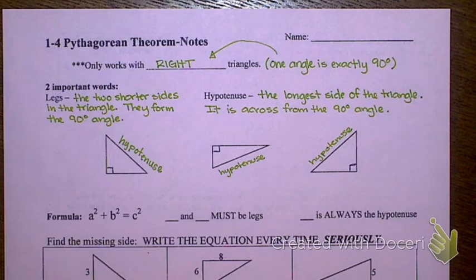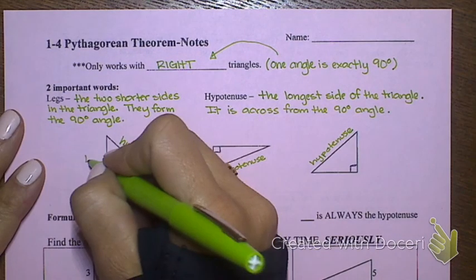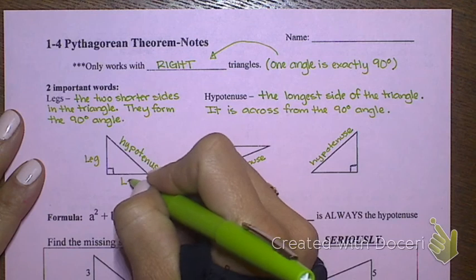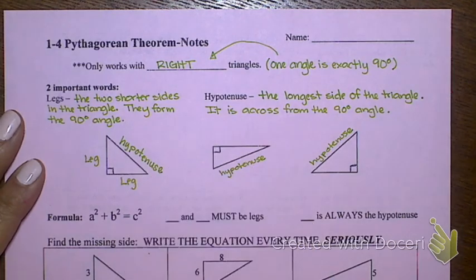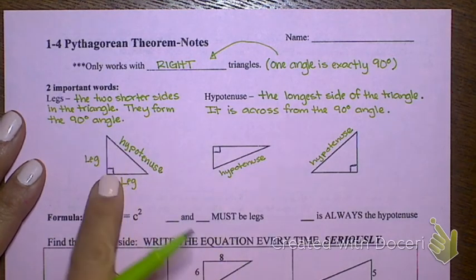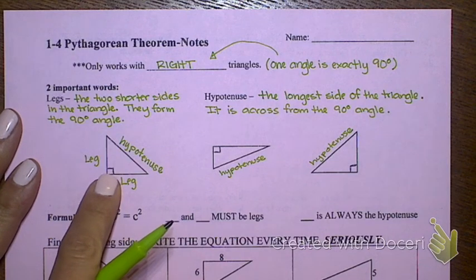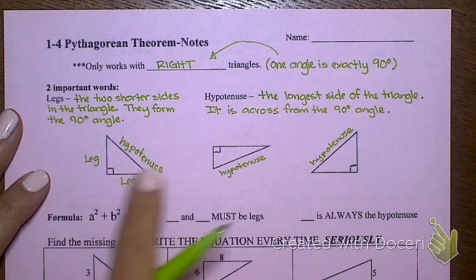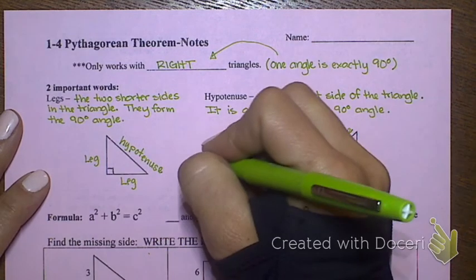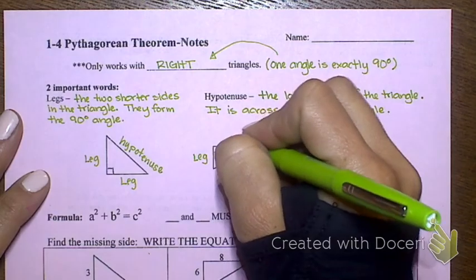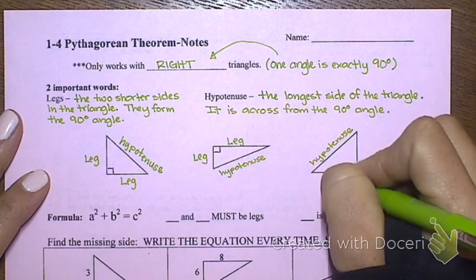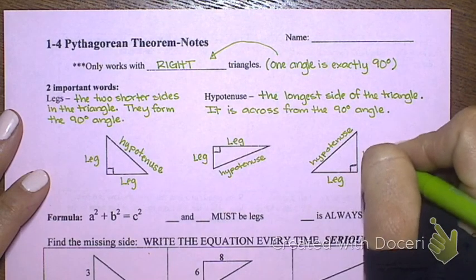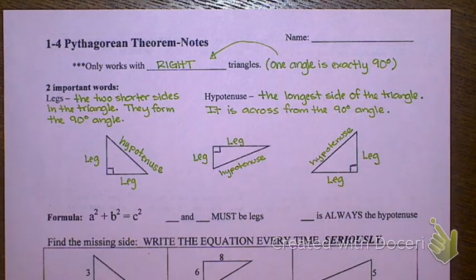In each of these diagrams, this would be a leg, and this would be a leg here. These 2 sides are touching to create the 90-degree angle. They are both shorter than the hypotenuse. Are there any questions about that?